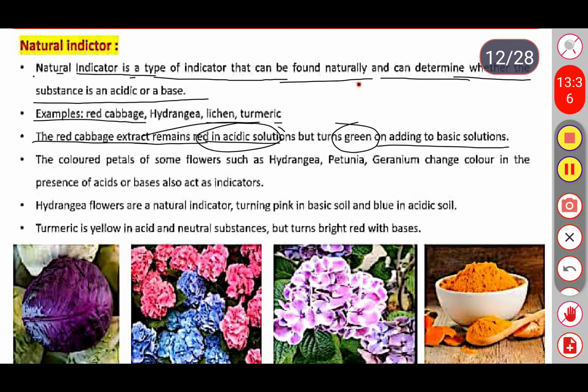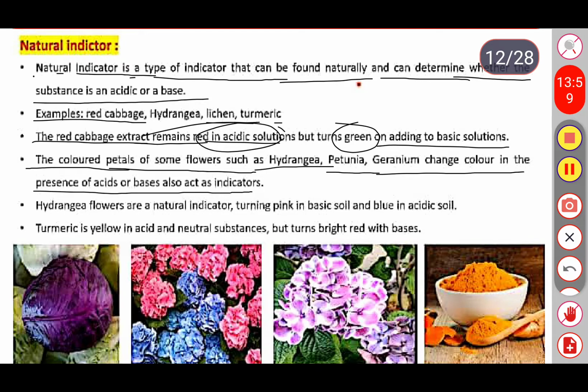Next, the colored petals of some flowers, such as hydrangea and petunia, change to different colors at different pH values. A change of color in the presence of acids and bases means they also act as indicators.